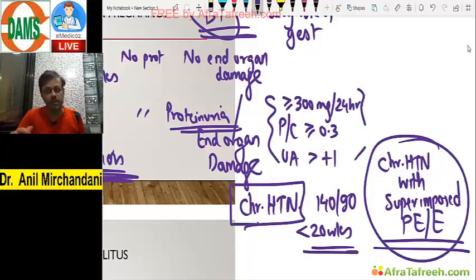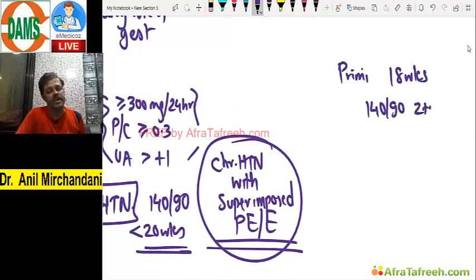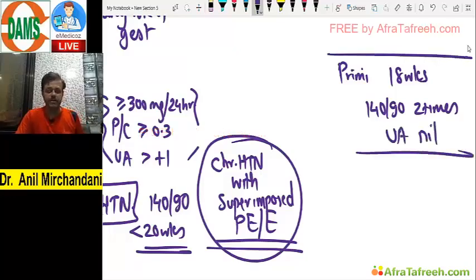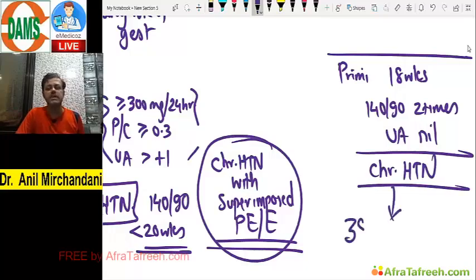So I'll give you one case. Primigravida, 18 weeks of gestation, BP 140/90, 2 times, urine albumin negative. What is your diagnosis till this point? She is a case of chronic hypertension. Agreed. Now she comes at 30 weeks of gestation again.